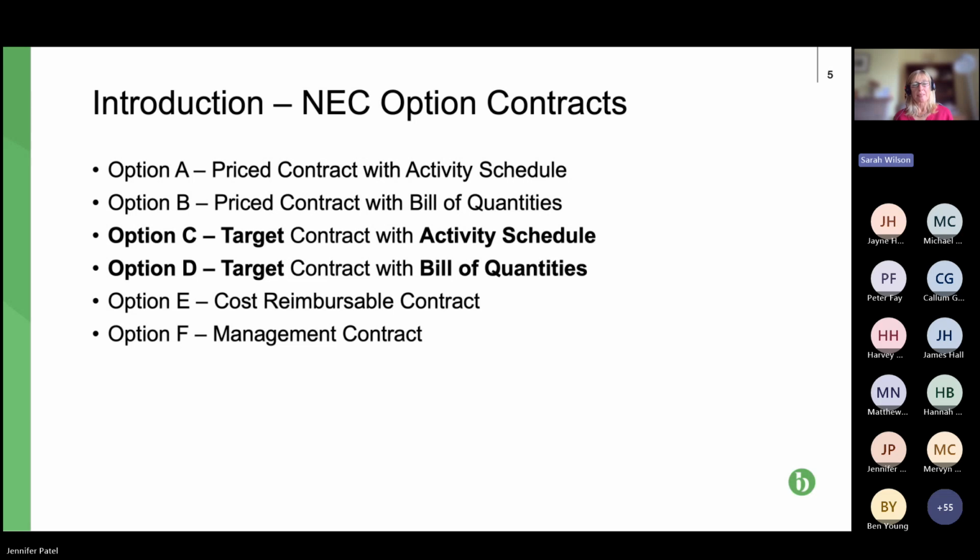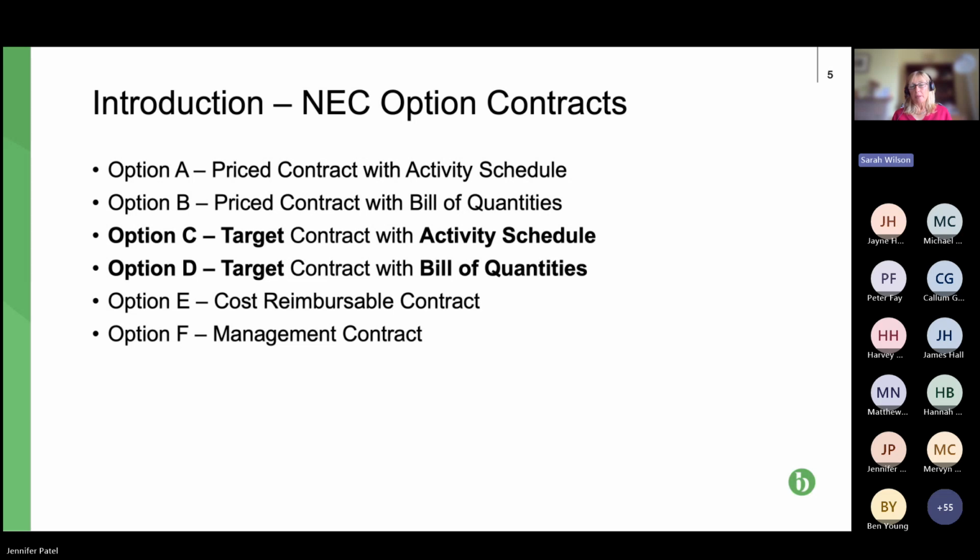We have a slide later to explain that. It is basically what NEC calls a compensation event, which covers changed works, extra time, and the money relating to that time. So option A and B can increase as a result of compensation events. Slightly academic with option E because, of course, you're getting paid as you go along.